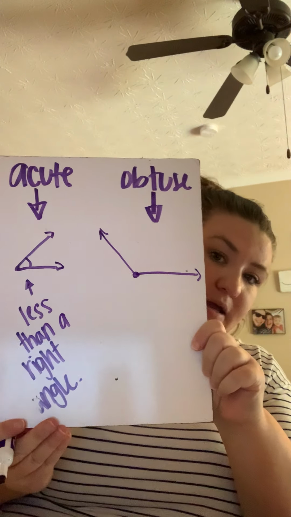And then last one, obtuse. So if acute is smaller, obtuse is bigger. What word could we think of that would remind us of that? If you guys can come up with one, let me know. Okay, and this is what it looks like.